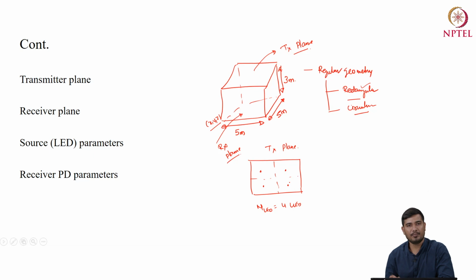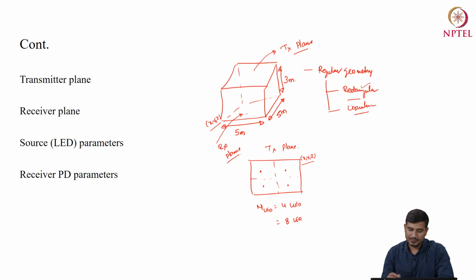This is how you deploy in rectangular configuration. Similarly, if you have more LEDs, suppose 8 LEDs, then you can further divide this room into 8 equal sub-coordinates and place the LED at the center of each sub-coordinate, and for that you again require the coordinates of the transmitter plane. So in simulation we are going to give these LED locations in terms of x, y and z coordinates.